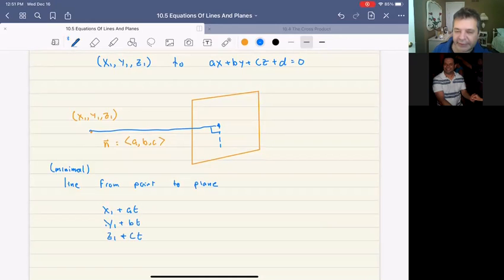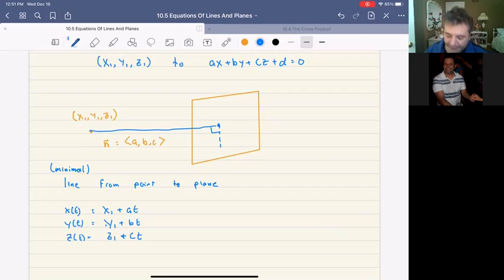Okay, so this is the line, of course, x of t, y of t, z of t. And now we're going to connect it to the plane.